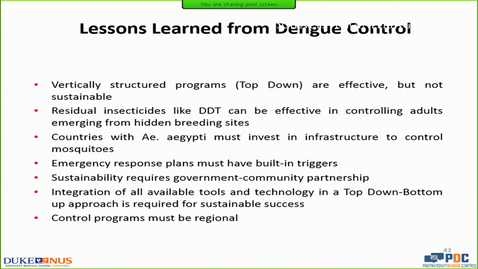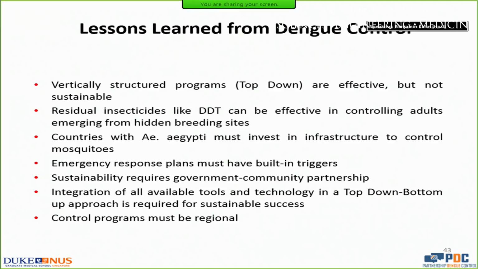So the lessons we learn is that we need vertically structured programs, top-down. They have to become more sustainable. We probably have to develop some use of better residual insecticides that can be applied into the walls inside houses to control Aedes aegypti for longer periods of time. We have to reinvest in infrastructure to do this kind of work.